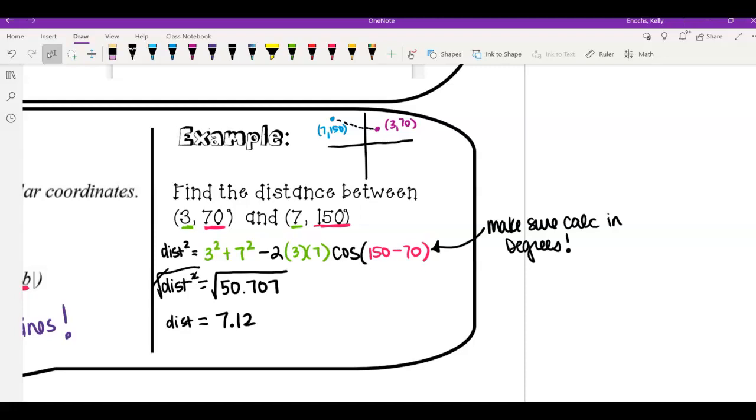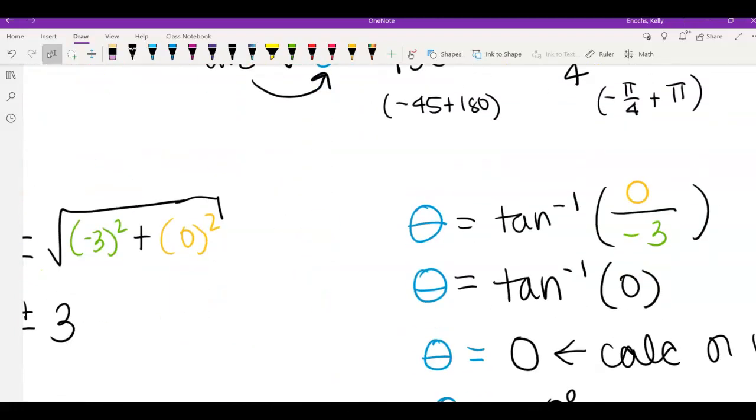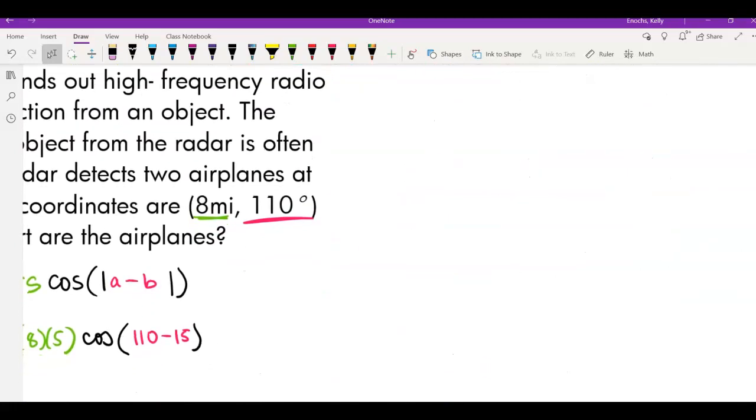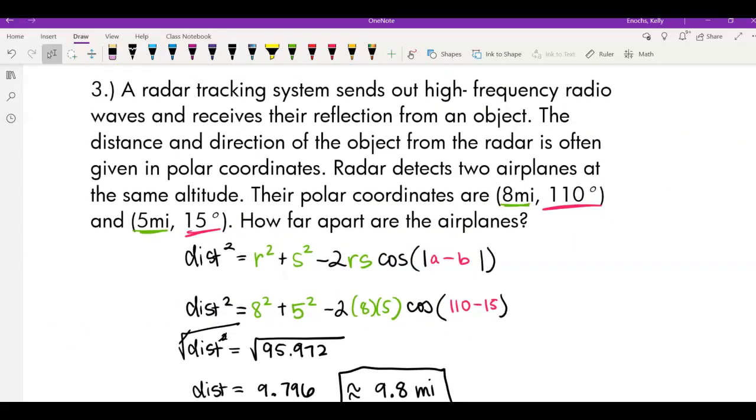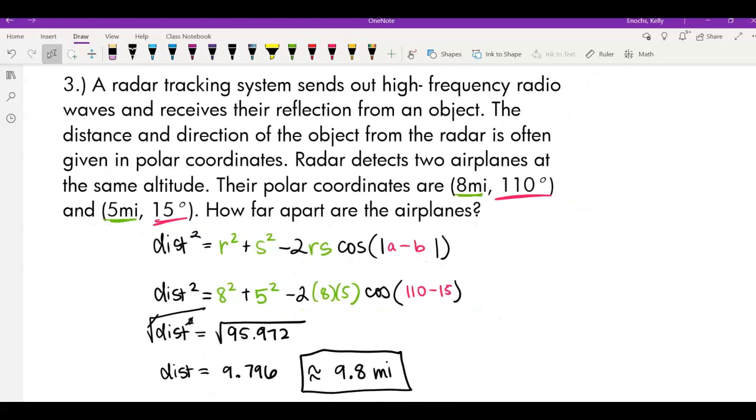Okay. Let's take a look then at our last practice problem, because that's another distance problem. So when we talk about this particular distance, what they gave you is two polar coordinates of two airplanes based on their radar. Then they want to know, okay, how far apart are those airplanes? Realistically, that would be a great problem to find out. If I knew where they were, could I tell how far apart they are so that we don't have them flying into each other?